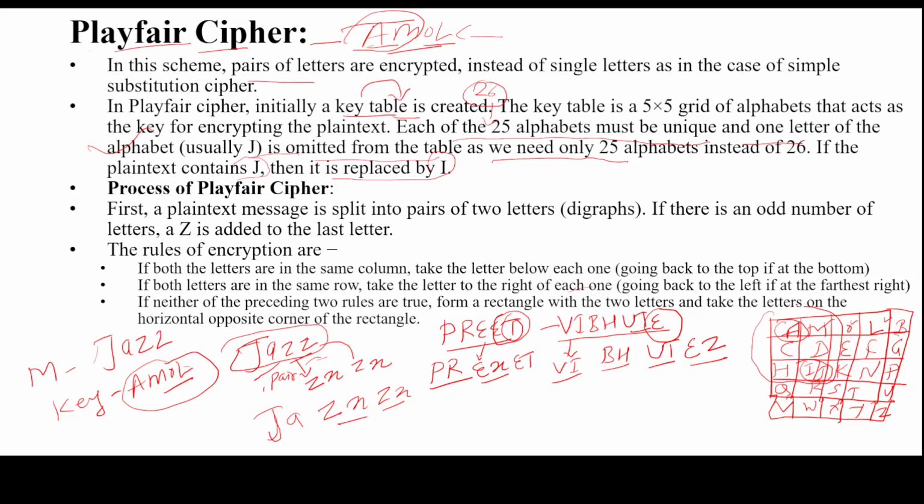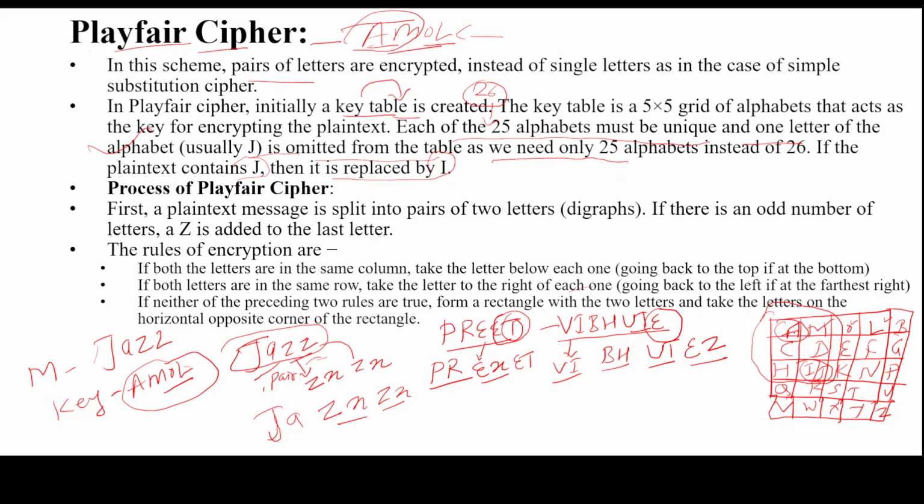I'm taking these first two columns, because in the first column my A value is there and in the second J is there. Now make a rectangle, and as per the sequence of letters, just take the opposite letter.